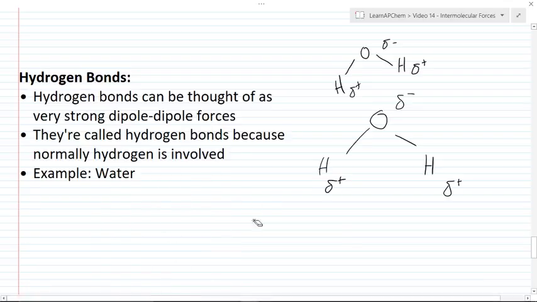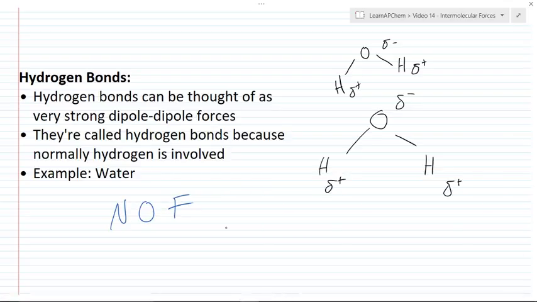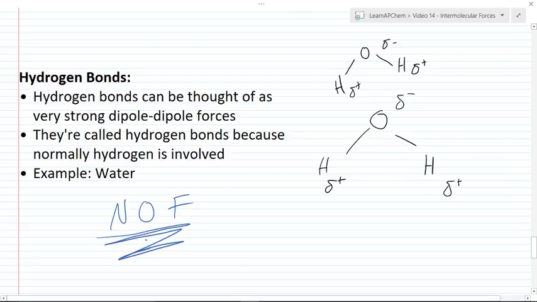But the thing about it is, I'm thinking about it, and what really matters is the electronegativity and certain factors that they're not going to ask you about in AP chemistry. And so the rule to memorize is NOF.